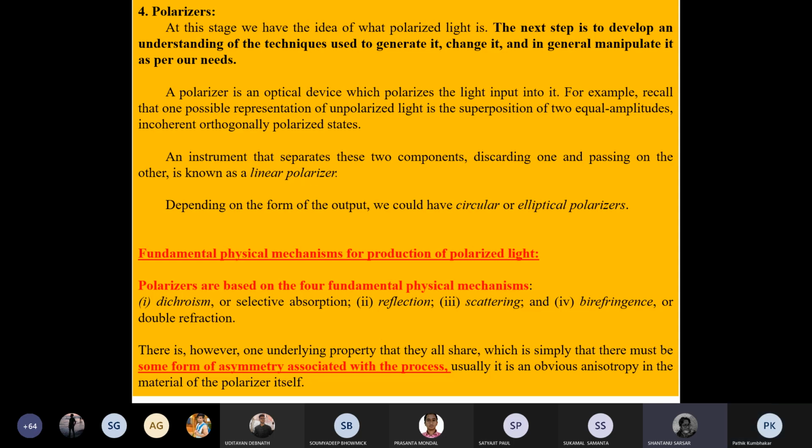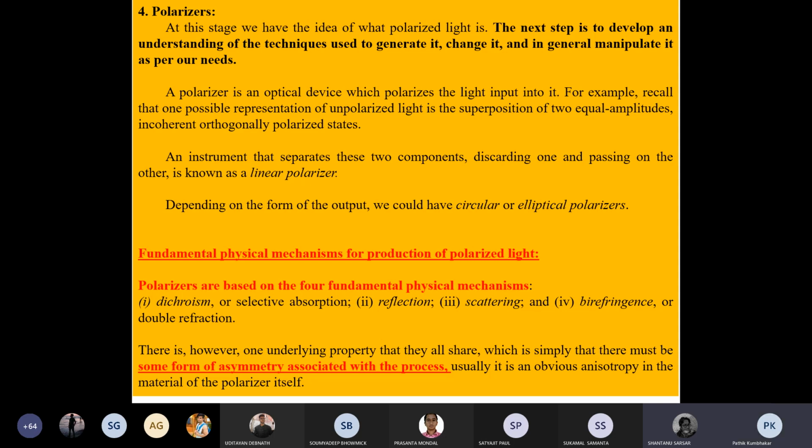So we will remember that there are four fundamental physical mechanisms by which polarized light can be produced. They are the phenomena of dichroism or selective absorption, reflection, scattering, and birefringence or double refraction. As I have already told, there should be one underlying property that all these four phenomena share, which is simply that there must be some form of asymmetry associated with the process.